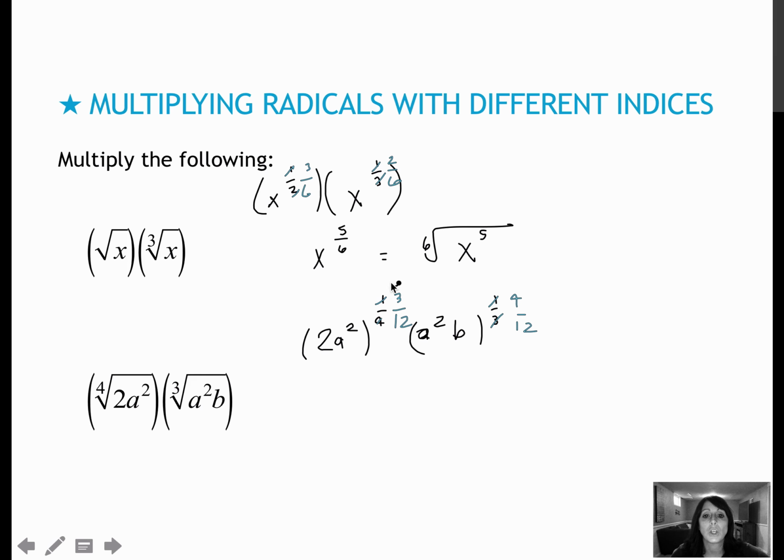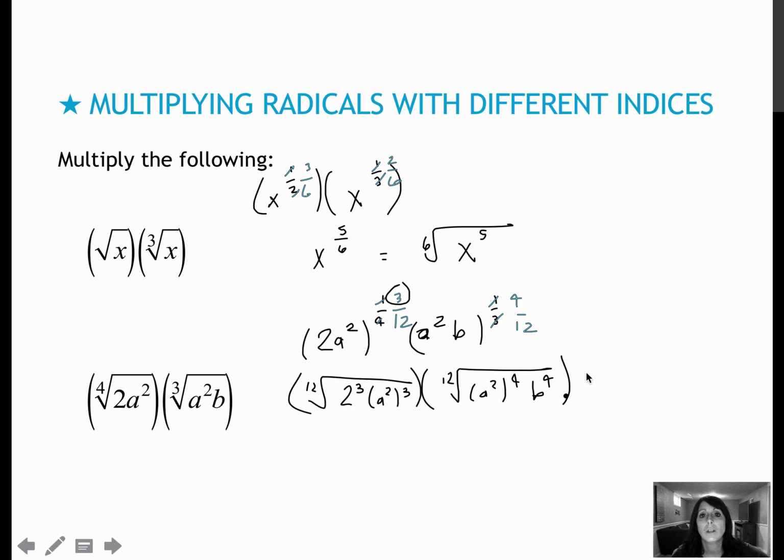Now remember, when I'm cubing, everything inside gets cubed. So when I rewrite this, this is the 12th root, but it's 2 cubed, and a squared cubed. My second one, a squared b, is now to the 4th power, so it's the 12th root, but it's a squared to the 4th power and b to the 4th power. So it's important to do that.